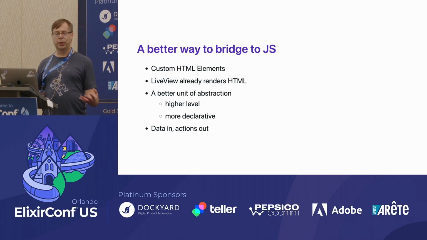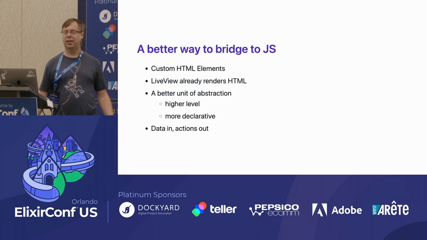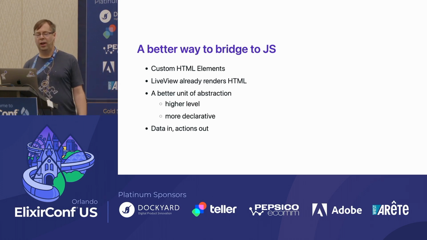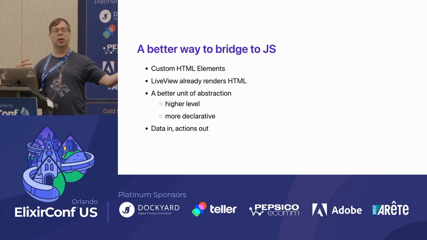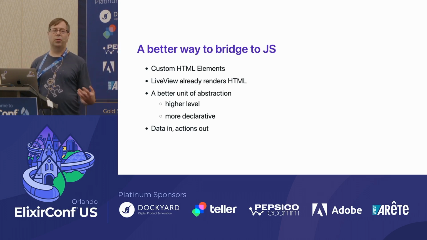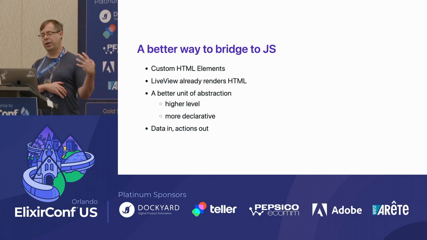LiveView is already really good at rendering HTML. That's what it does, right? It does that really well. And really what we're talking about doing is just extending HTML and making it better and using that as our path to integrate. I think in a lot of ways, HTML elements are a better unit of abstraction. They're higher level. They're more declarative.